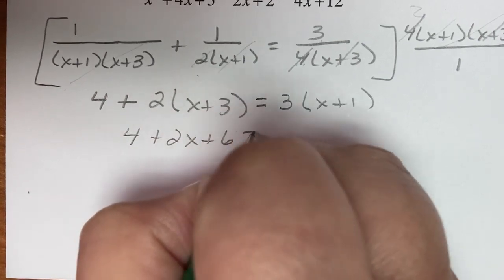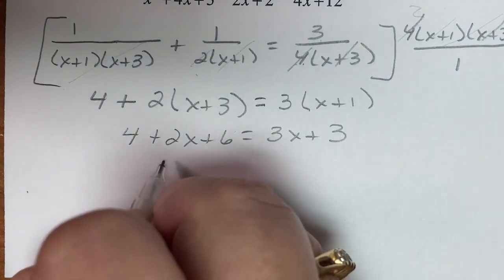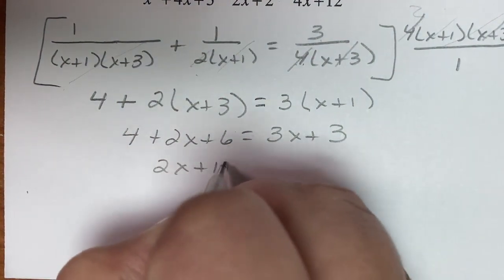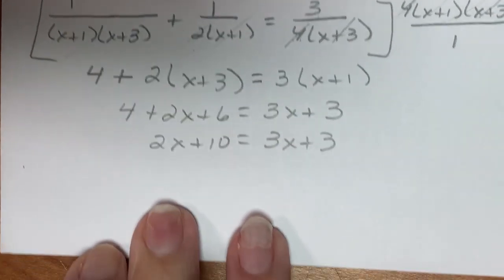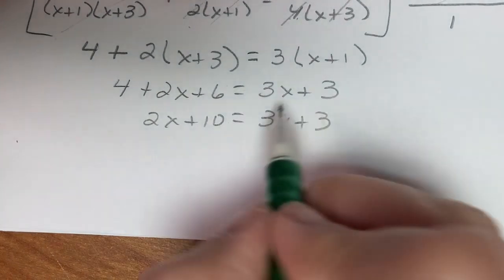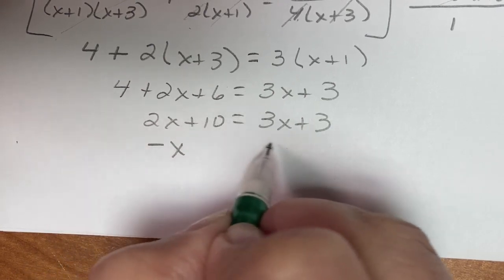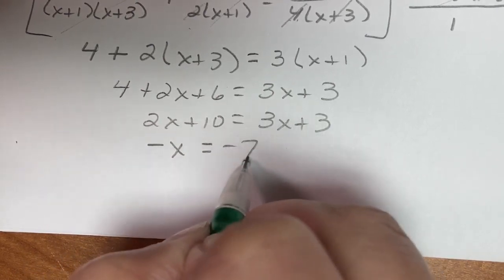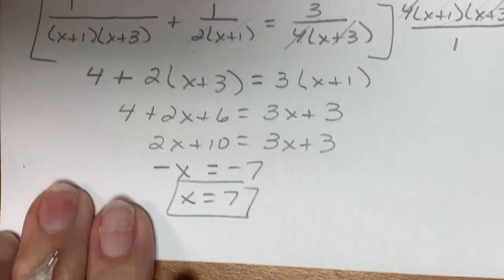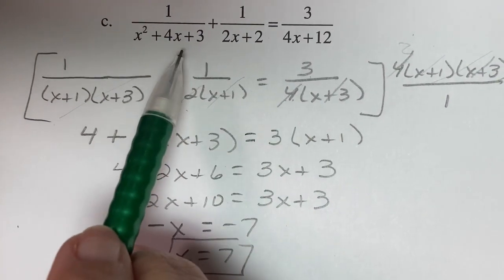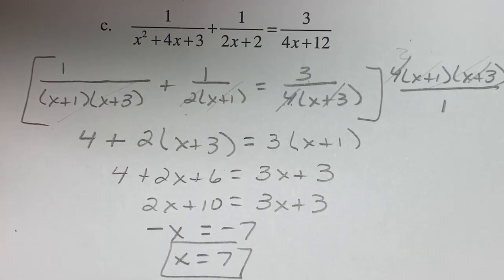So I'm going to distribute, combine like terms. If I subtract 3x, I'm going to get negative x, and then subtract the 10, equals negative 7. x is equal to 7, which does not give me a 0 in any of the denominators, so x equals 7 is my final answer.